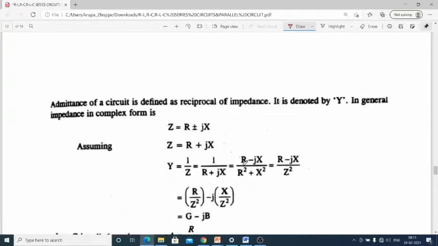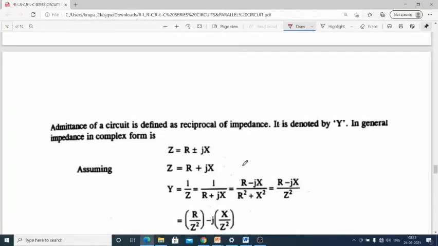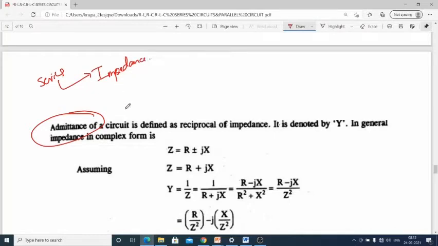So a few important references we need to learn about the parallel circuit. What is admittance of a circuit? In series circuits we are treating impedance, whereas in parallel network we are dealing with admittance.